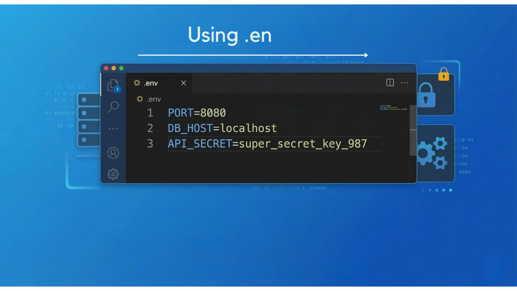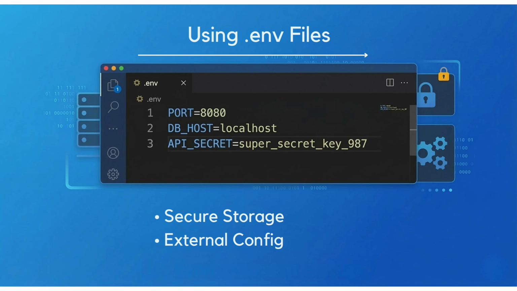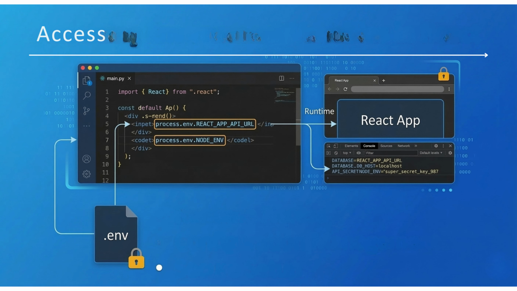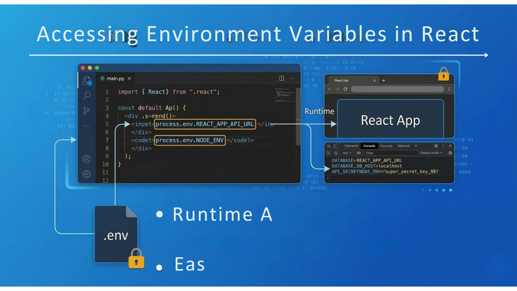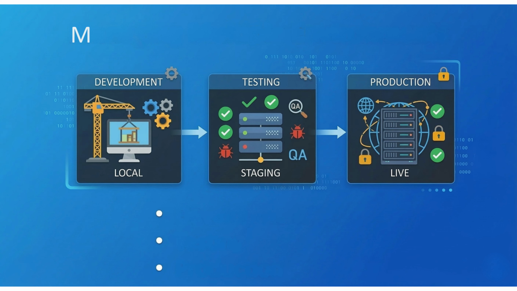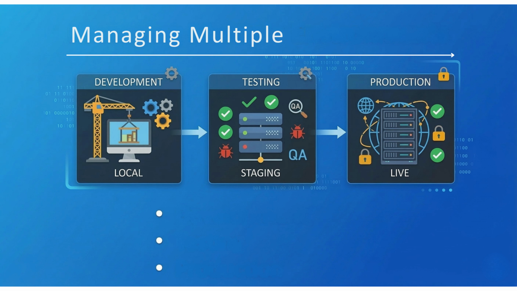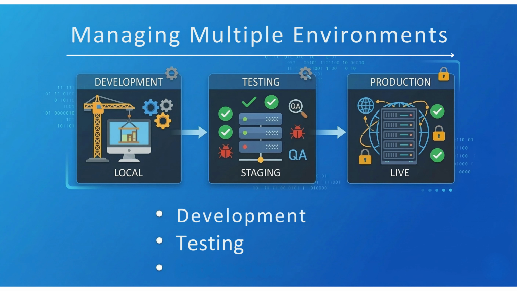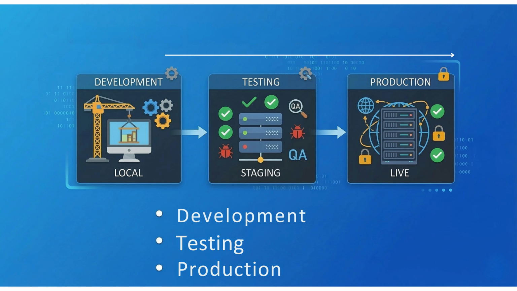Instead of writing these values directly inside the code, we store them in special environment files. React applications can then access these values during runtime. This improves security and makes it easier to manage different environments such as development, testing, and production.